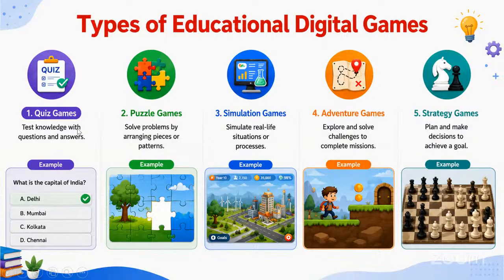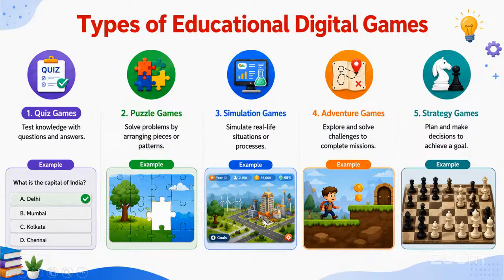And then the first type is quiz games. For example, we can tell Google Forms or some of the quizzes that you could see in online tests; they are called quiz games. And then puzzle games, where you arrange the pieces of patterns.